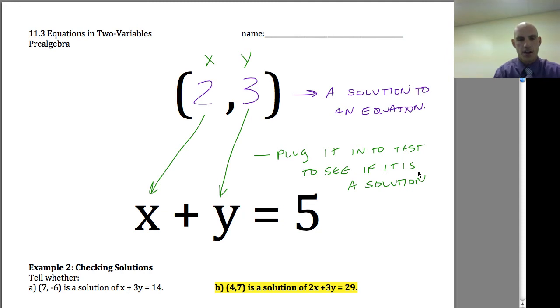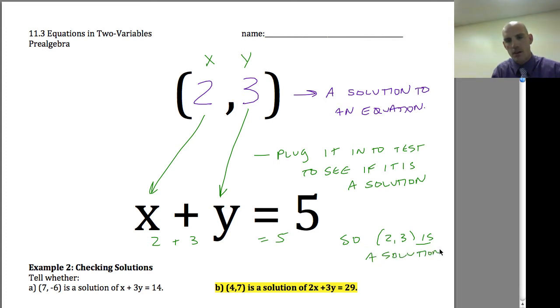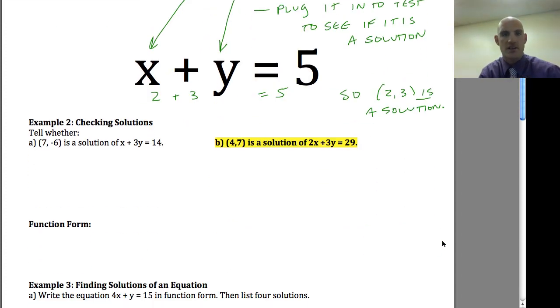And so this is what we're doing. We're going to substitute. So is 2 plus 3 equal to 5? Yes, that is a solution. It fits. So we would say 2, 3 is a solution. And that's all we're doing. We're testing to see if these solutions fit.